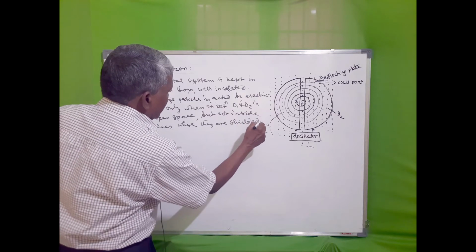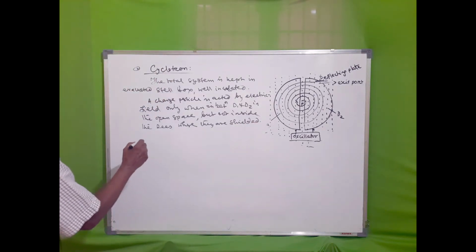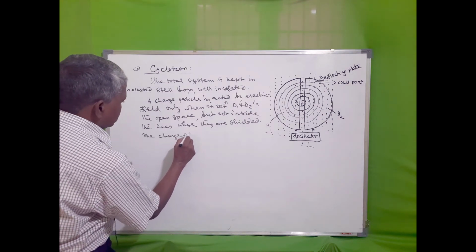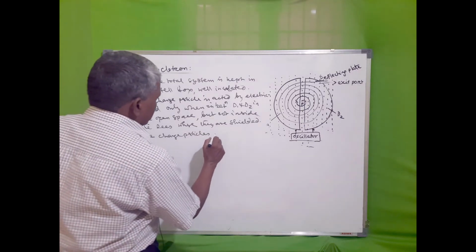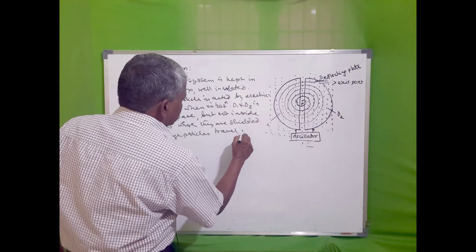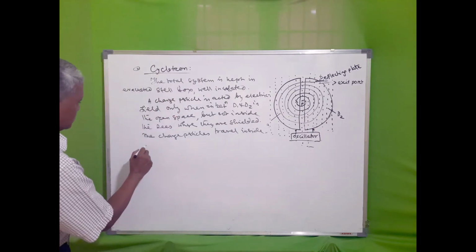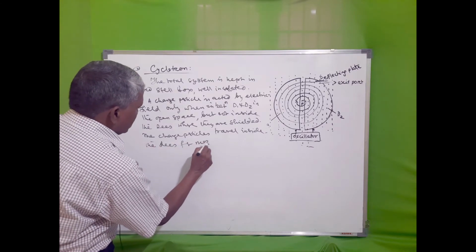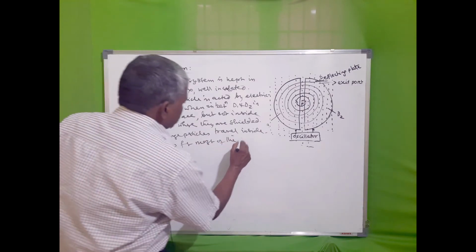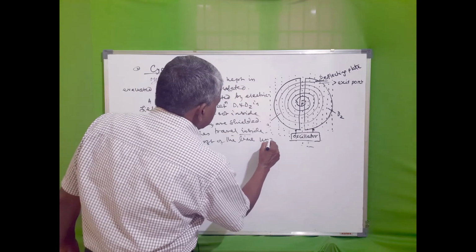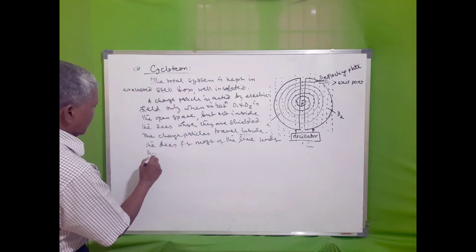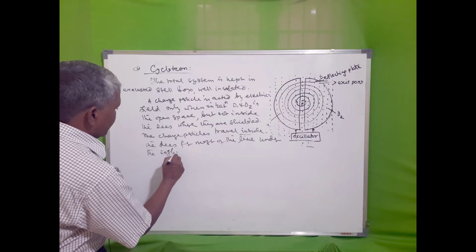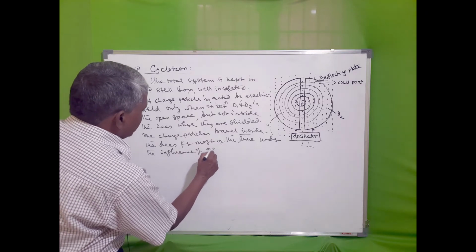That means there is no electric field inside the Ds. The charged particles travel inside the Ds for most of the time under the influence of magnetic field.